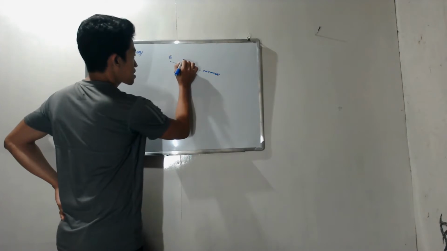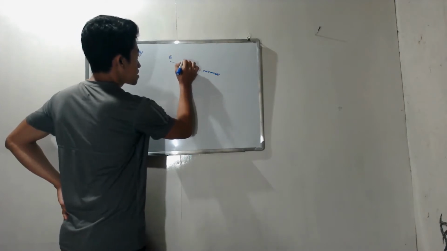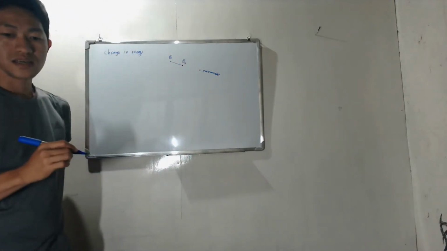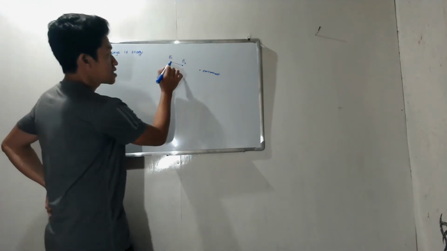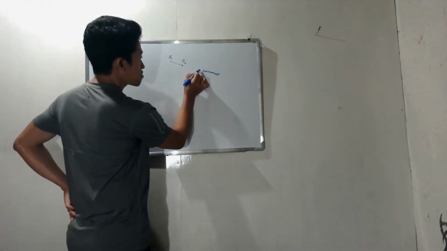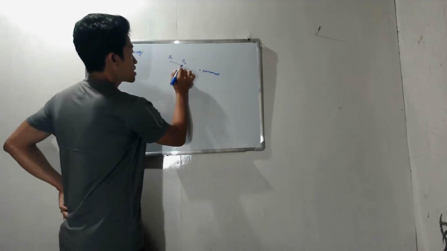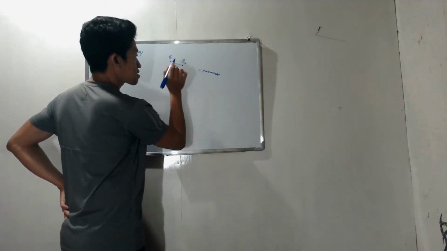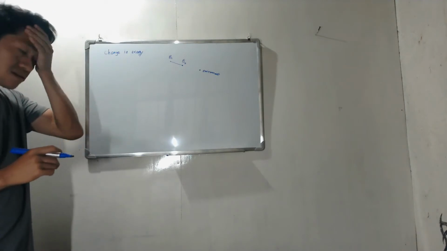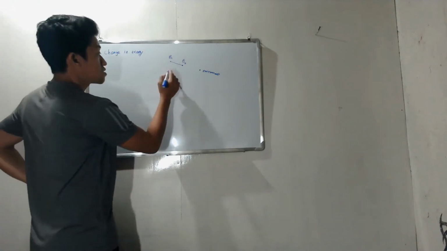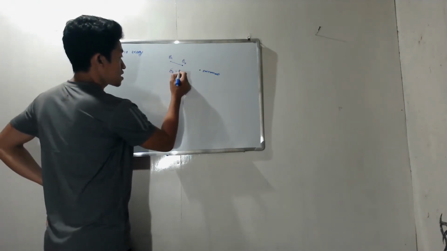So its exergy changes. As long as your system has not yet reached the environment, it still has exergy. But once it reaches the environment, the exergy is zero. The question is, what is the change in exergy?